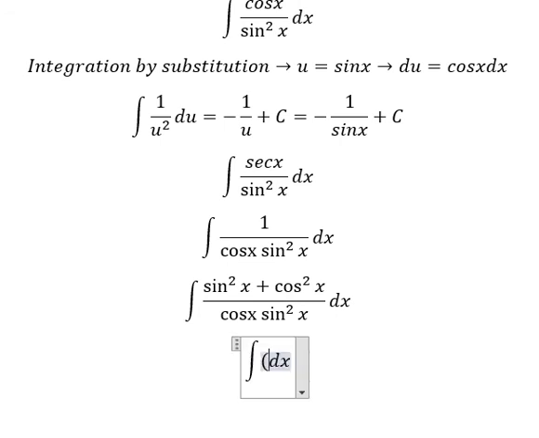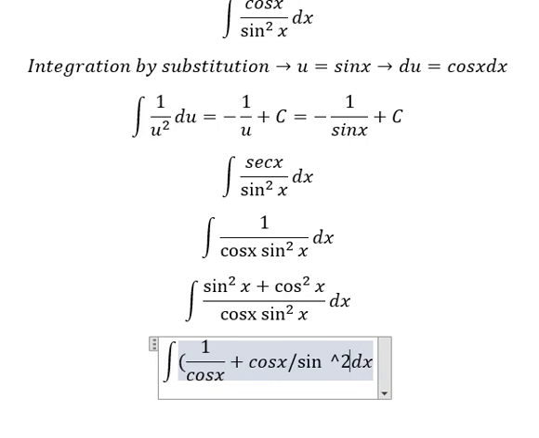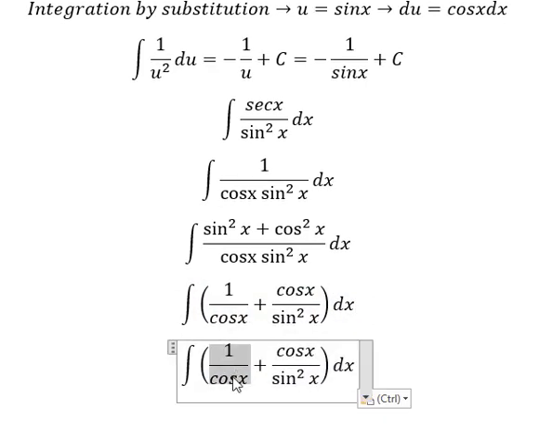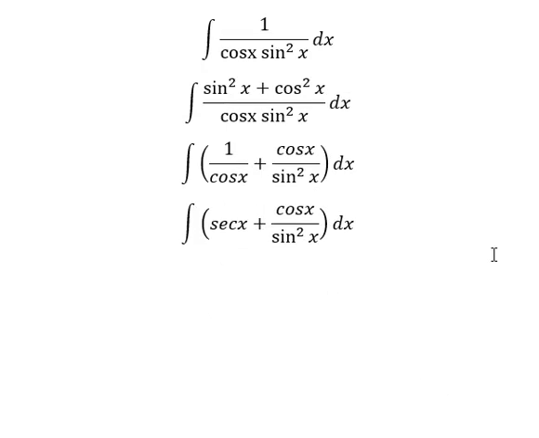So we will have 1 over cosine x plus cosine x over sine x squared. This one we change for secant of x. And now we can get the final answer.